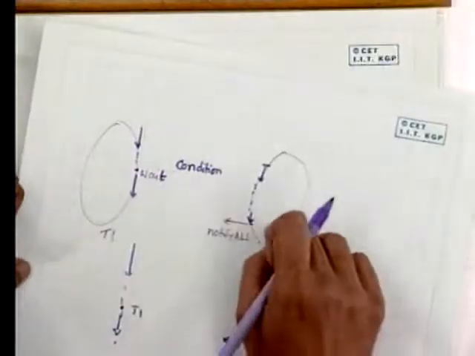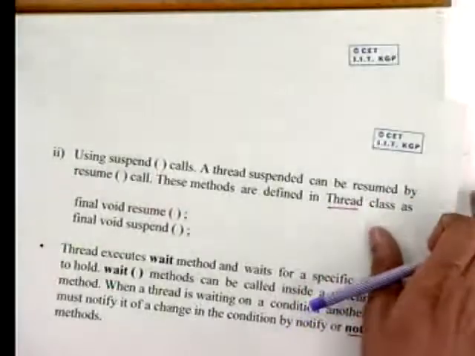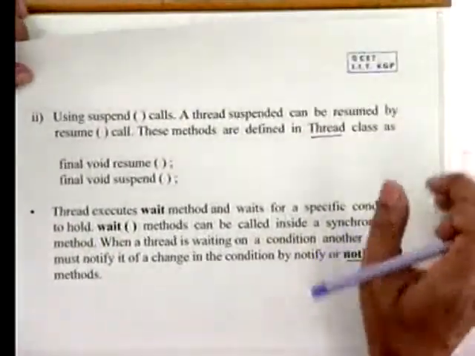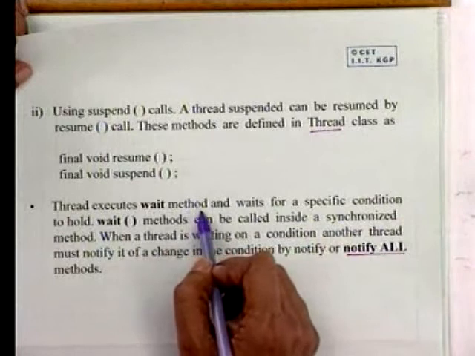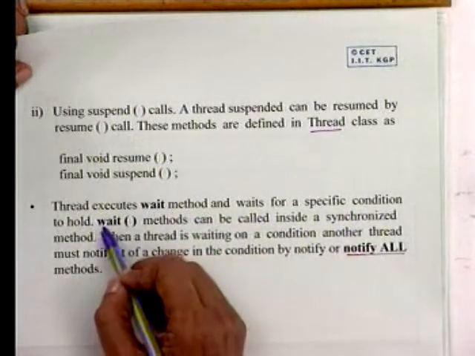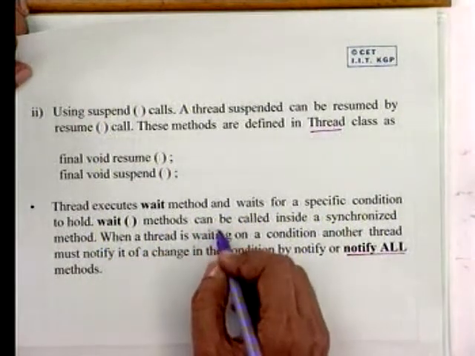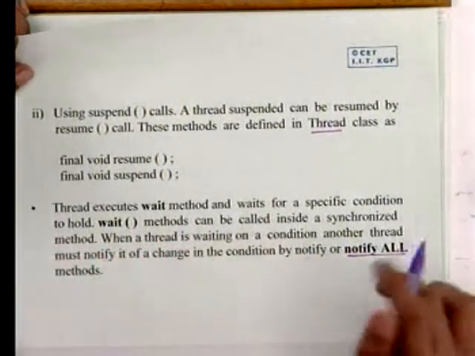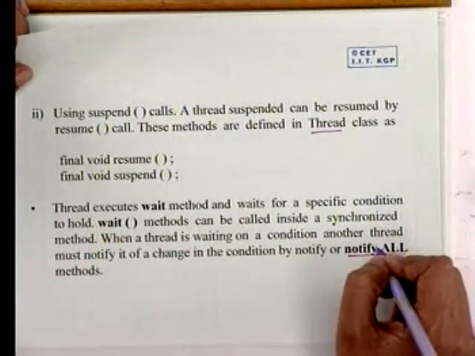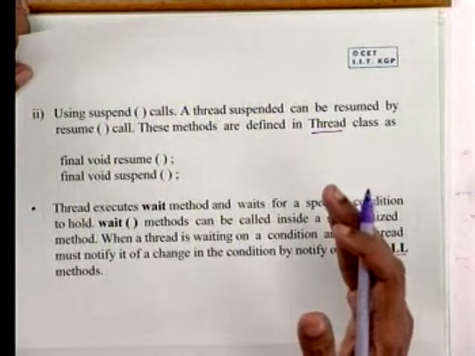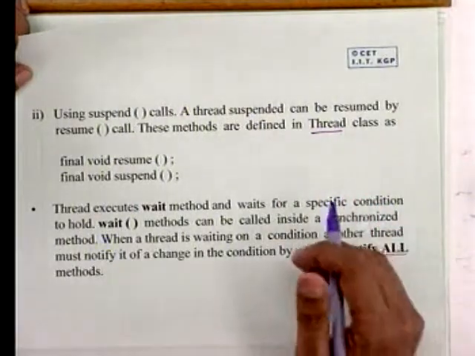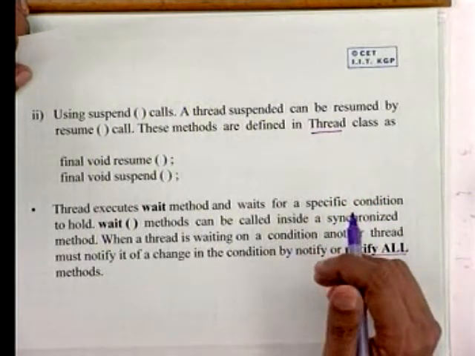Till this thread receives a notify message from T2, T1 will wait in a suspended state. So a thread executes a wait method and waits for a specific condition to hold, wait methods will be called within synchronized methods, which we will come to in the next class, and when that condition is met, the other thread will inform it that it can proceed.